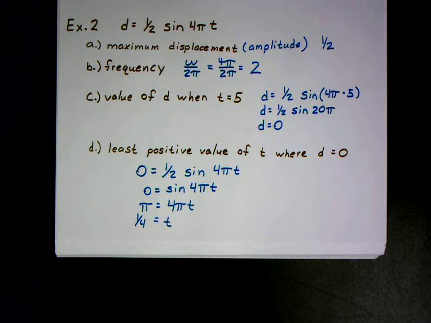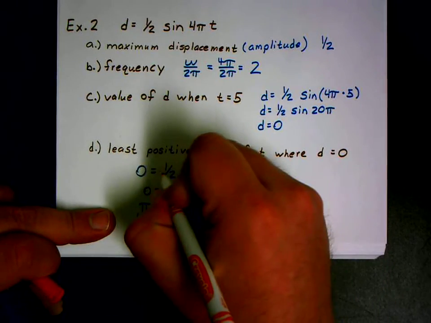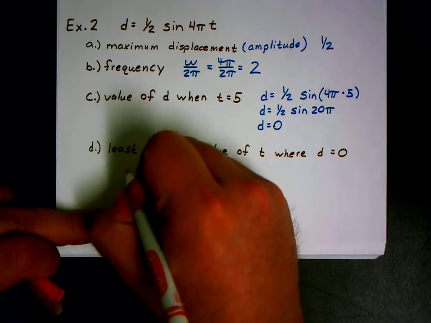Okay, so that's what your problems look like. How did I do what? I divided it. So here, or you can multiply by 2. So I can take both sides times 2.